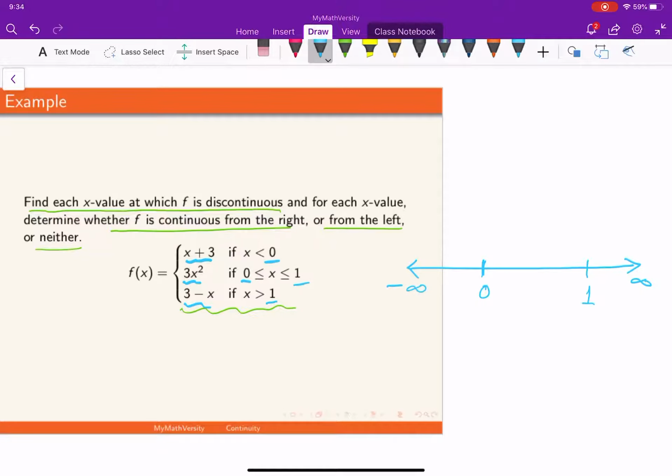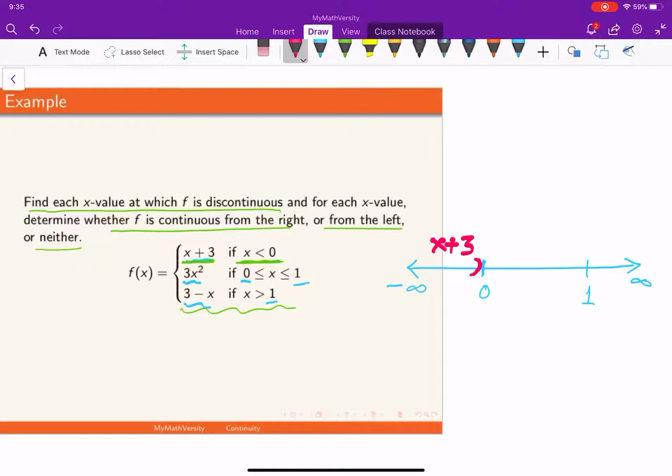So when x is less than 0, when you choose any real number less than 0, we use the rule x plus 3 to find the value of the function. Let's write that down: the function is x plus 3 when x is less than 0.